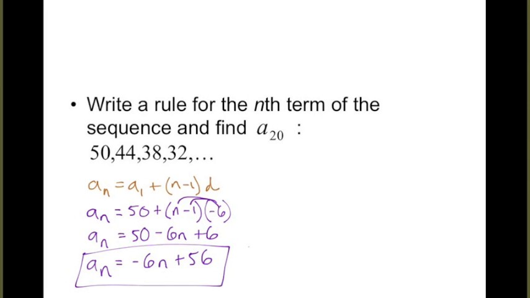So we're going to plug in a 20 for n. And when we plug in a 20 for n, we get negative 64. So the 20th term in this line would be negative 64.